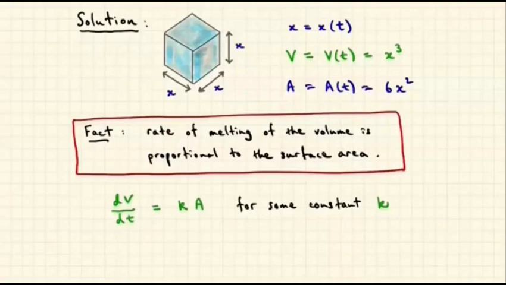But A equals 6x squared. So dV/dt becomes 6kx squared. We're developing a list of important facts. Note also that dV/dx, the derivative of x cubed with respect to x, is 3x squared.